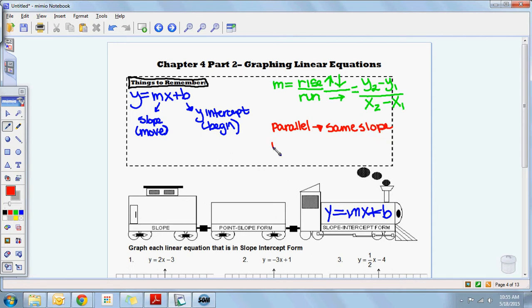And then if I ask you to identify perpendicular slopes, remember perpendicular lines form a right angle. They look like this: two lines that cross. And those slopes are going to be opposite reciprocals.